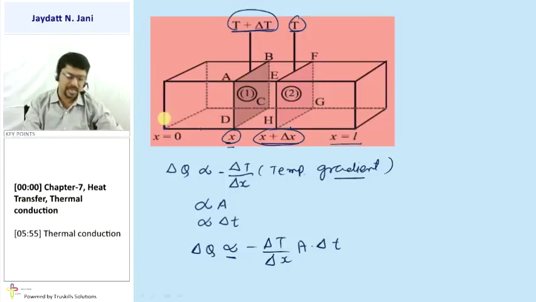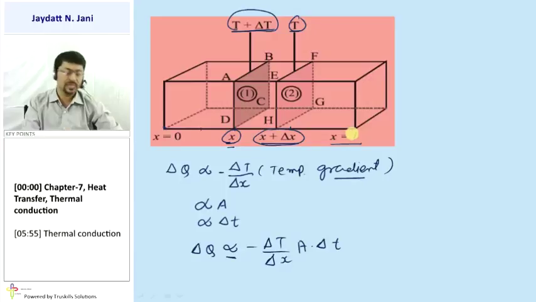So I'll get the temperature at this A, B, C, D face as T plus delta T. And after covering the distance delta x, at this point the temperature is T. It means as we move from x equal to 0 to x equal to L, gradually the temperature decreases.